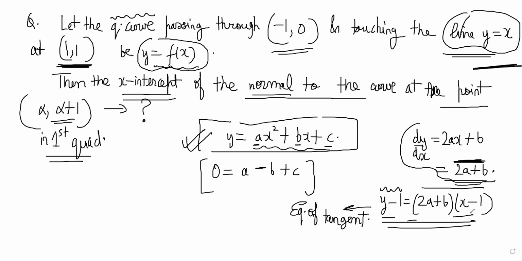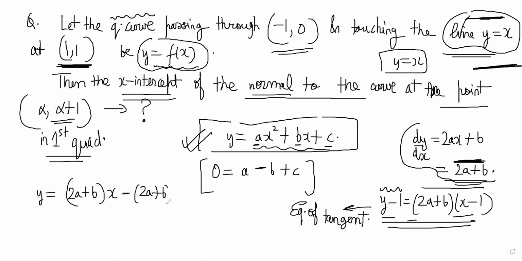Since it is touching the line y is equal to x, obviously y is equal to x is the tangent line, right? Yes, sir. So you can now say y is equal to (2a plus b)x minus (2a plus b) plus 1 is same as the line y is equal to x.